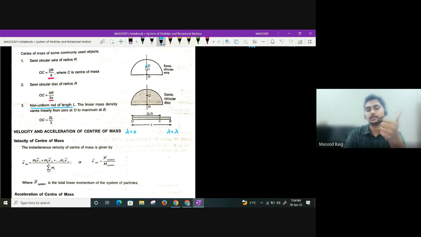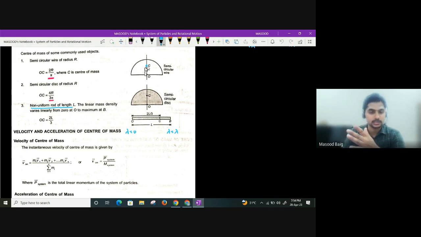Center of mass can be present at a point where there is no mass. For uniform, regular geometrical shaped objects, center of mass will lie at their geometrical center, right? For non-uniform objects, center of mass will be lying in a region where there is more mass, right? Center of mass can lie inside the object or outside the object.